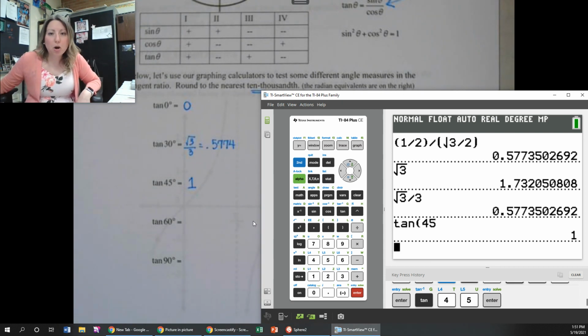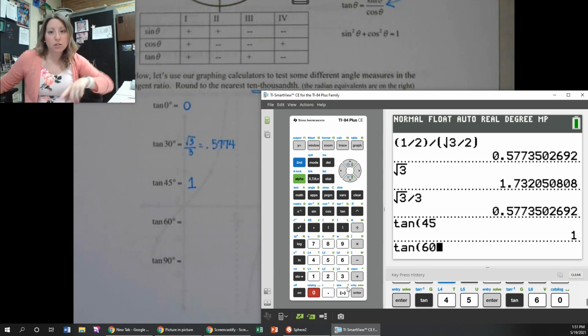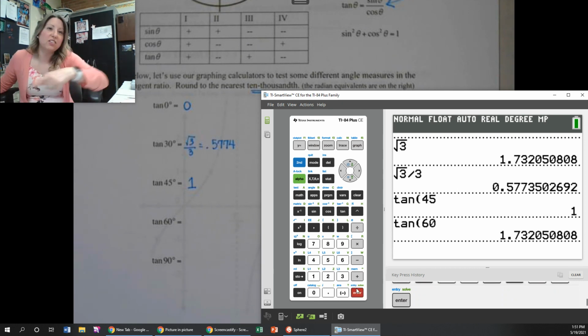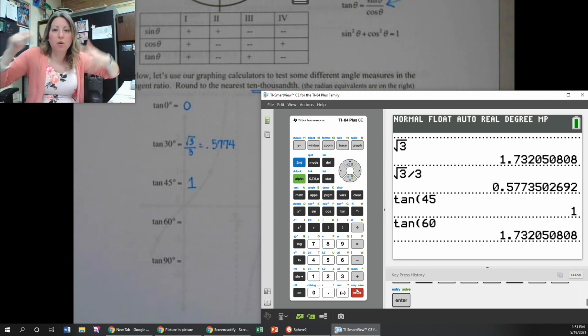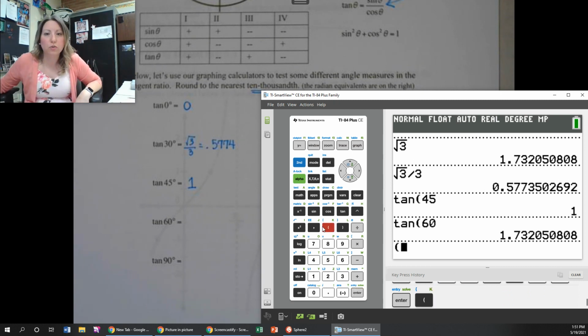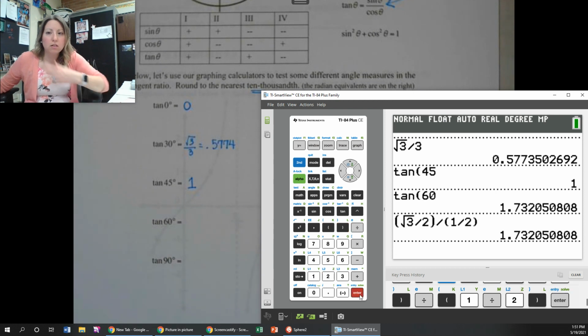All right, keep going. Tangent of 60, well, this is going to be radical 3 over 2 divided by 1/2. So let's see what we get there. That's the radical 3, right? Because radical 3 over 2 divided by 1/2, let's just enter that so you can see it in person. Radical 3 over 2, and then divided by 1/2 ends up giving me radical 3.